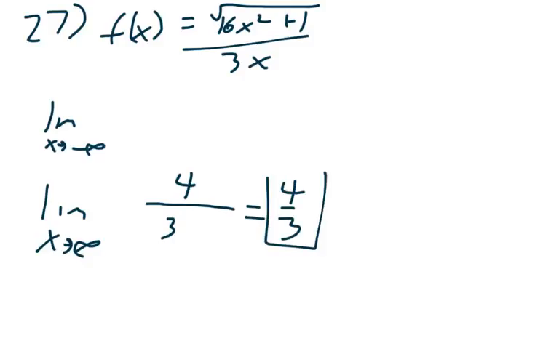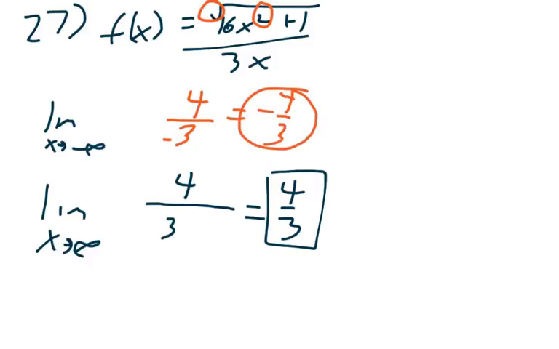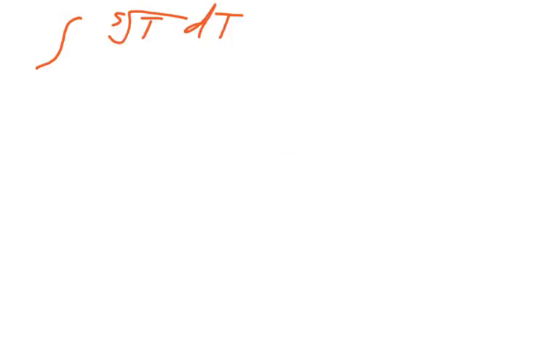So my answer is 4/3 because the exponents will match up, because this is really going to have an exponent of 1 when you deal with the square root and the squared. However, for the negative infinity, we got a positive divided by a negative, which means my answer is negative 4/3.